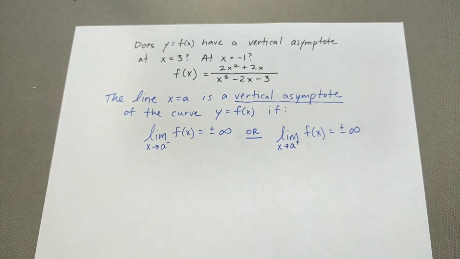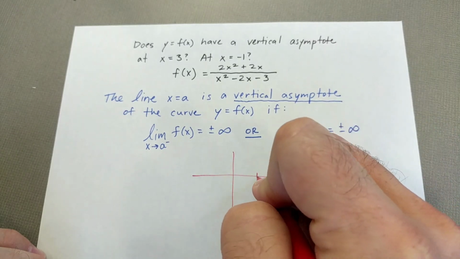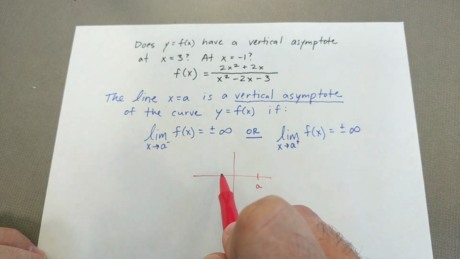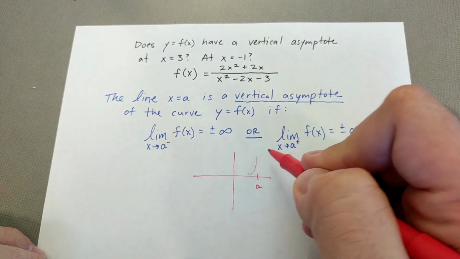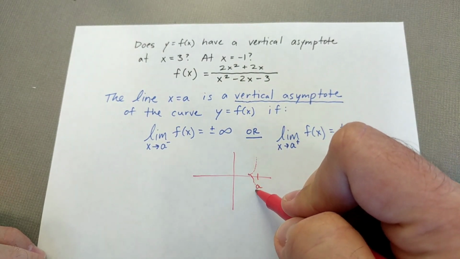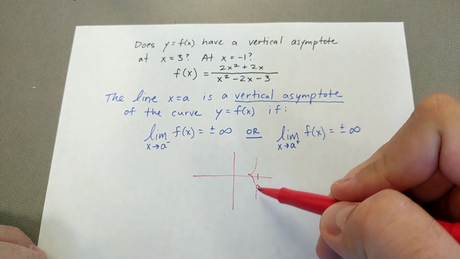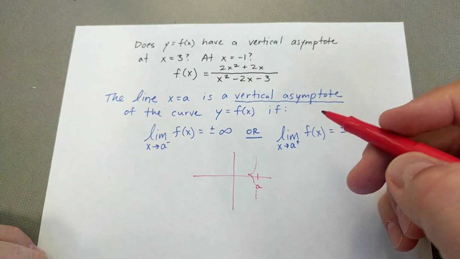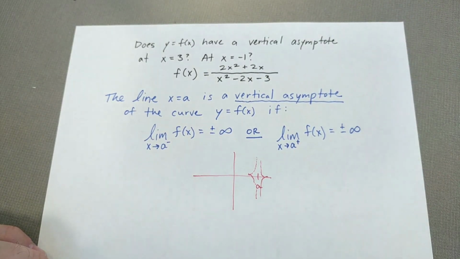In other words, if we're thinking about this graphically, and here's a, as we get closer to a from the left, if the graph starts going up like that or going down like that, then that is approaching one of the infinities, then that's an asymptote. Or going this way or this way as well also counts.